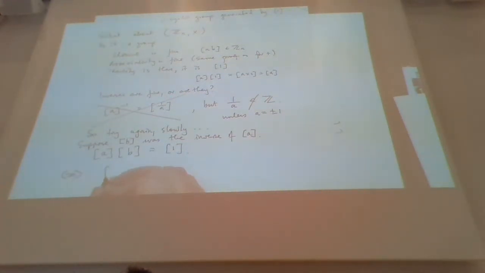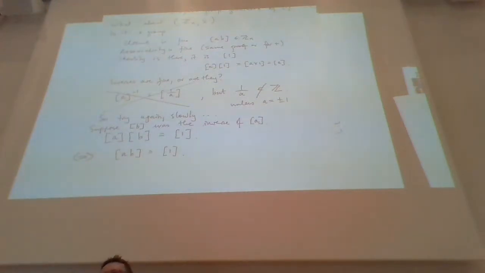Well, what does that mean? That means the congruence class of A times B is the congruence class of 1. Now that doesn't mean A times B is 1. It means its congruence class is the same as the congruence class of 1. So that's true if and only if A times B is congruent to 1 modulo n, whatever the modulus is.